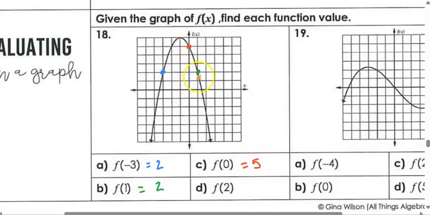All right, then we have f of 2, so 1, 2. Where's my graph? I think it's like right here, looks like. So that would be negative 1, 2, 3. So f of 2 is equal to negative 3. All right, so this time it's not the equation, but we're using the graph to figure out what y is at these specific x values.